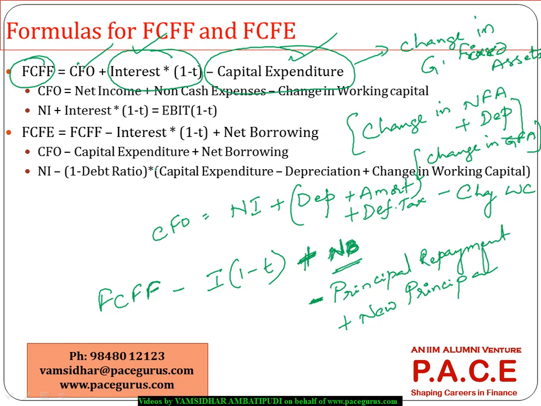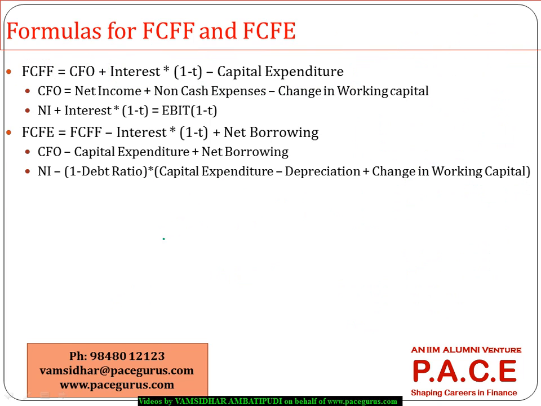investors. So we need to be comfortable doing these calculations given the income statement as well as the balance sheet. I should be able to find out the cash flow from operations, which is generally done using the net income plus adding up the non-cash expenses, which majorly include depreciation, amortization, and the deferred taxes or any other provisions for restructuring activities, etc. And I also remove the changes in working capital.